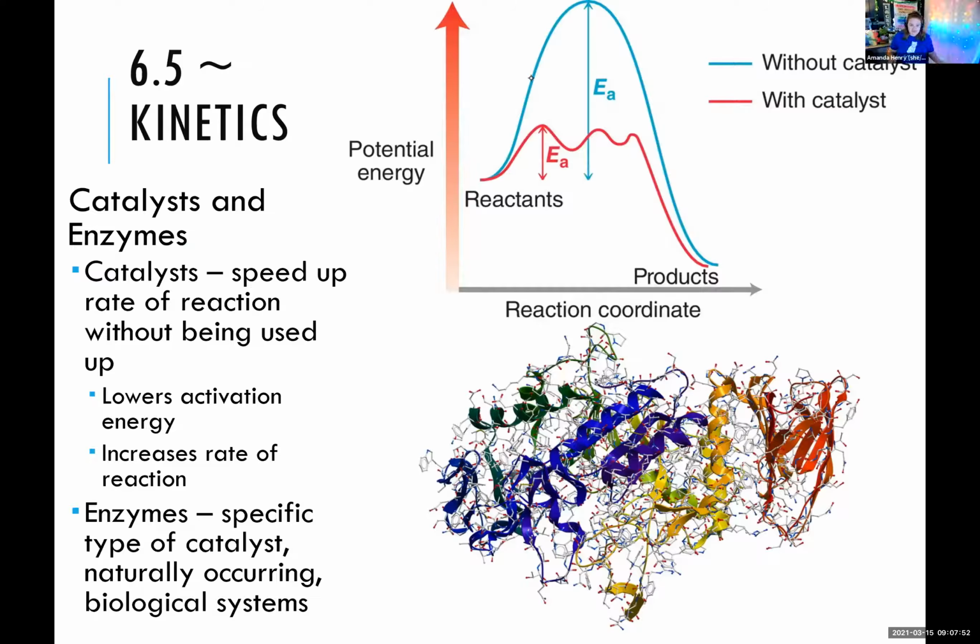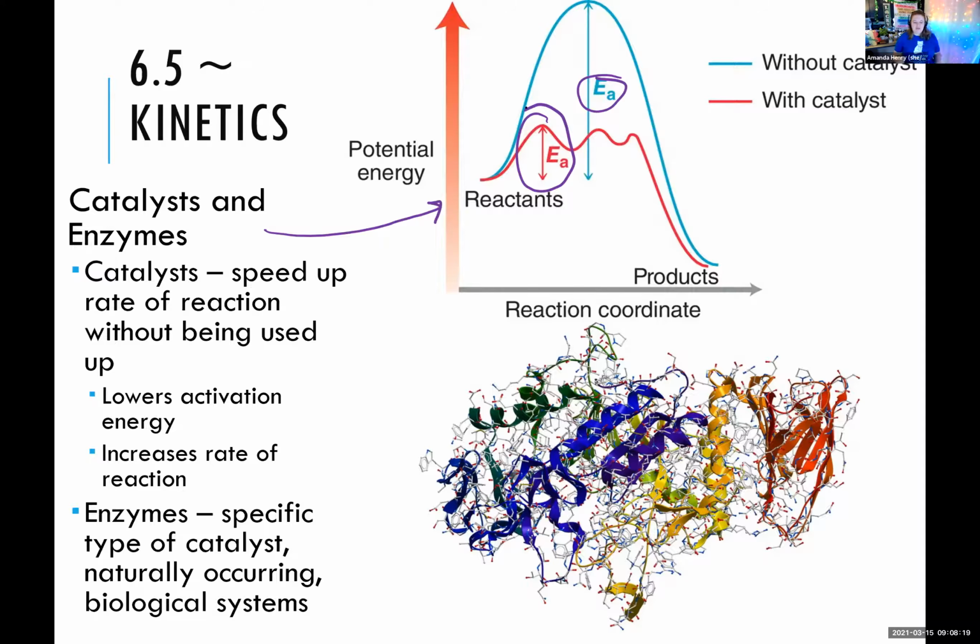Another thing with kinetics that we can affect is a catalyst. So the picture that is up here, we have two energy diagrams. The blue is without a catalyst. So we can see that activation energy, that hill is pretty tall. And then when we add a catalyst into the reaction, the activation energy is much smaller.